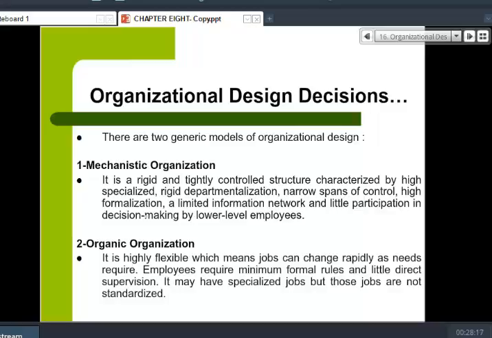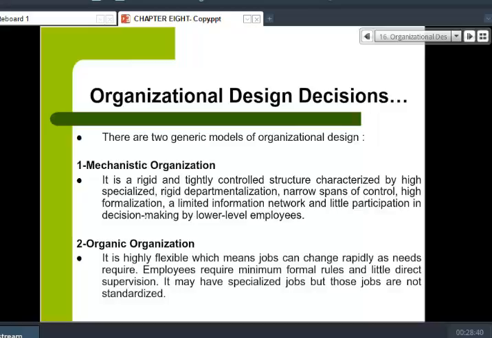What's the mechanistic organization? It has certain characteristics: lower decision participation, formalities, and narrow responsibilities given to the staff.